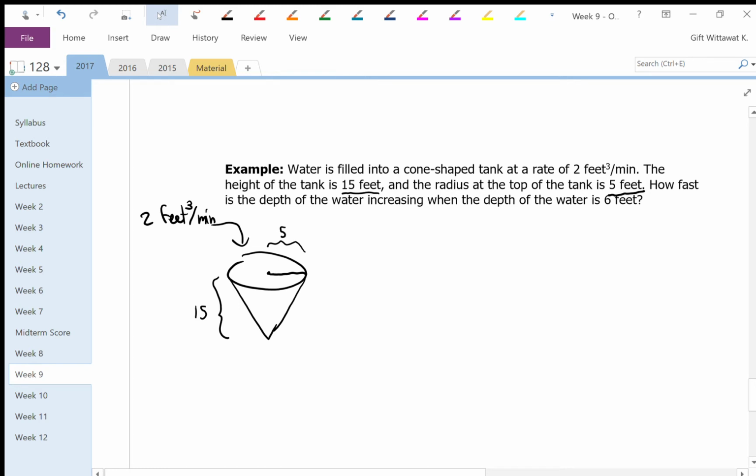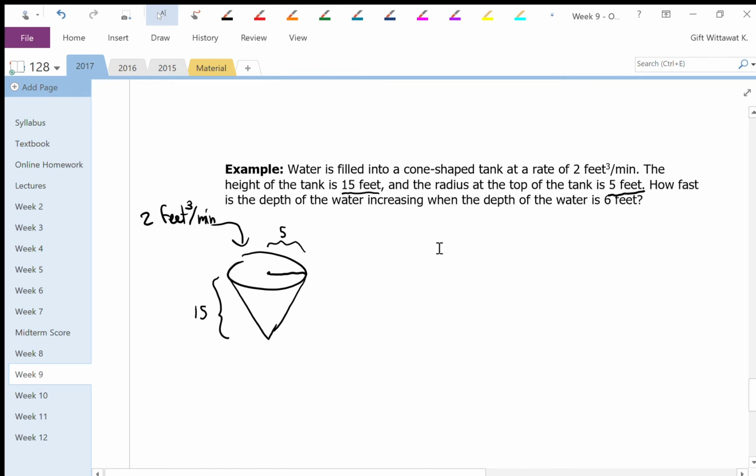So I pour water into this tank. Each minute I basically put in 2 cubic feet. The height of the tank is 15, the radius at the top is 5 feet. How fast is the depth of the water increasing when the depth of the water is 6 feet?